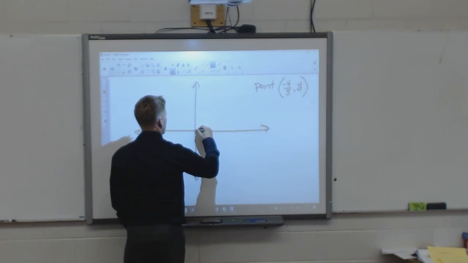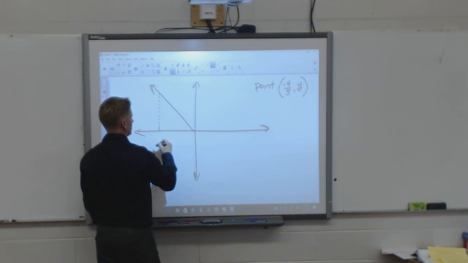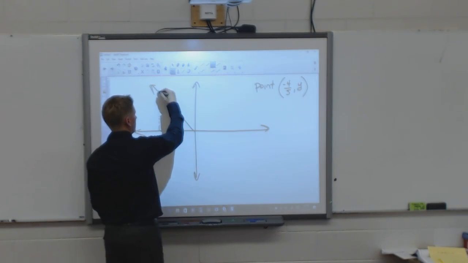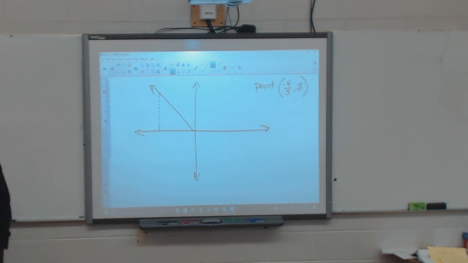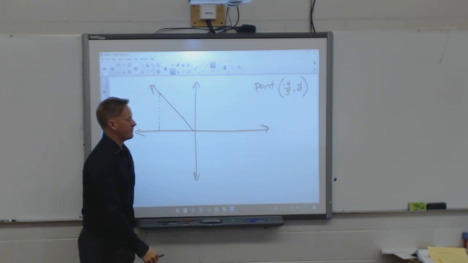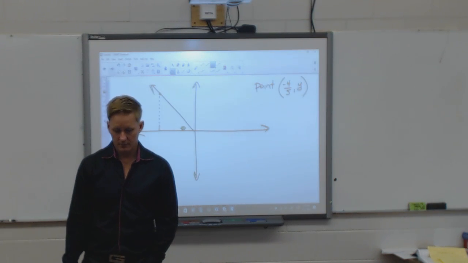Here's what happens. I know this is in quadrant 2, correct? And I know I'm looking for the y value of that coordinate. This value right here represents the cos of the angle.